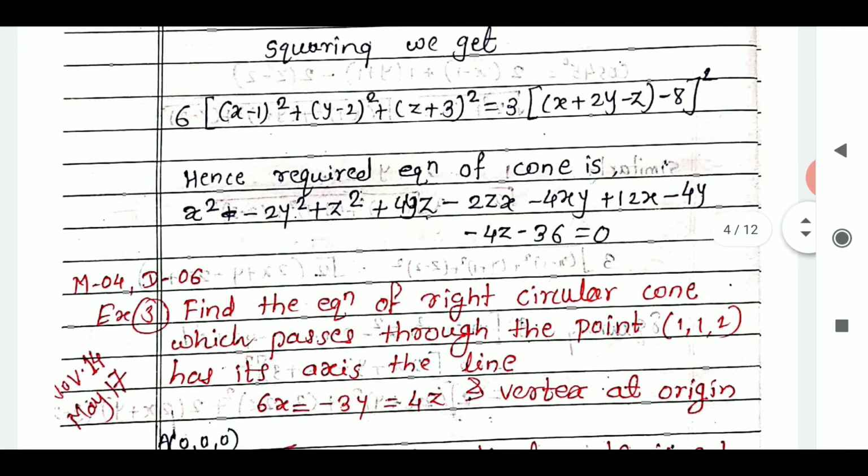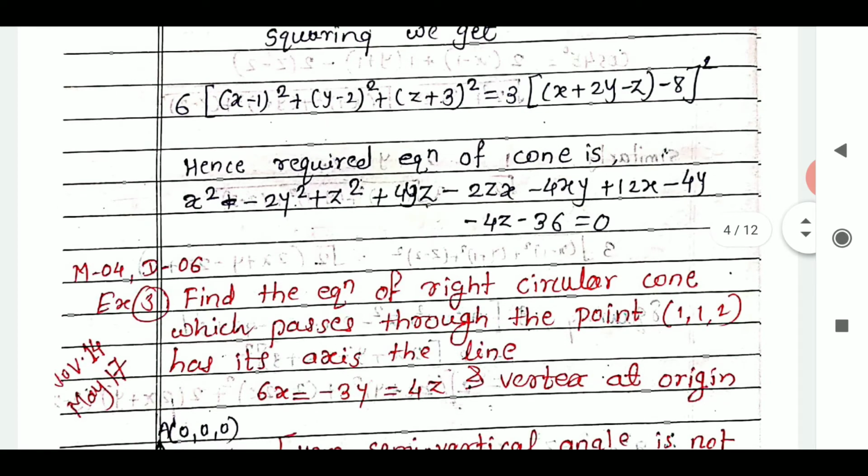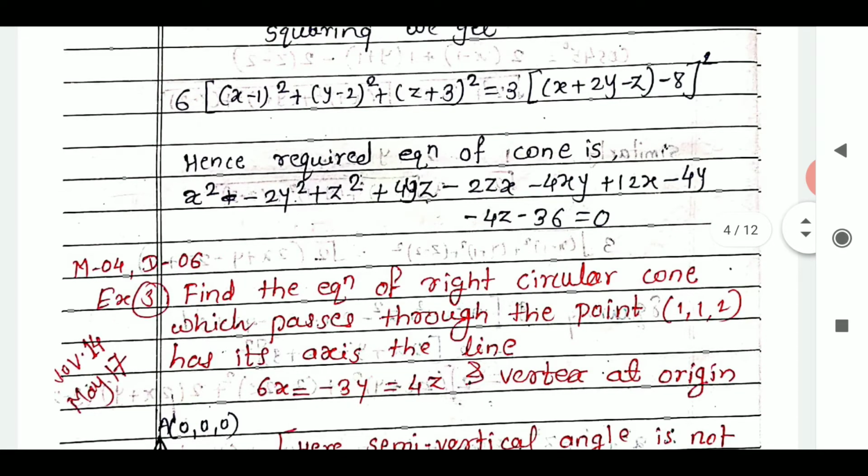Here we are given only two things, the vertex and the axis line, but the angle theta is not given. Therefore, first we find the angle, and then we find the equation of right circular cone.